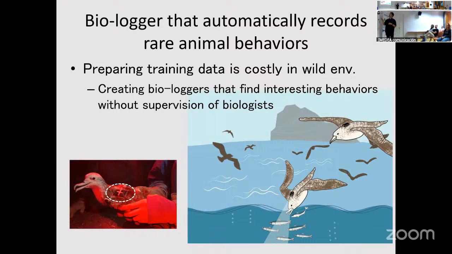We are focusing on rare, infrequent behavior. Infrequent behaviors are difficult to observe. Therefore, it is possible that a new discovery is hidden in such rare behavior. So we focus on infrequent behavior.